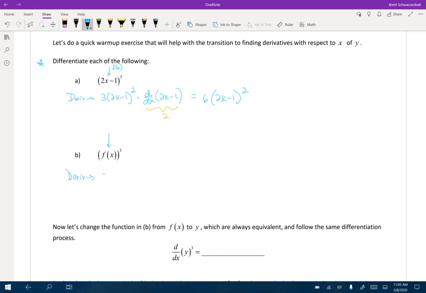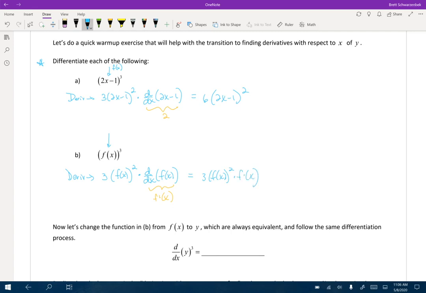We would take 3 to the front, have f of x coming along for the ride, subtract 1 from the exponent, and then do the derivative of the inner function f of x, which is better known as f prime of x. So basically, our derivative is going to be 3 times f of x quantity squared times f prime of x.